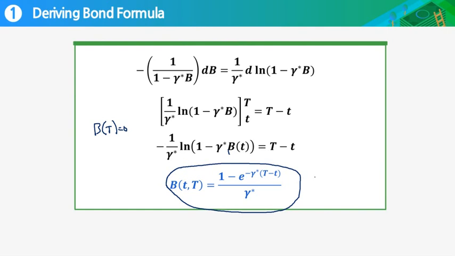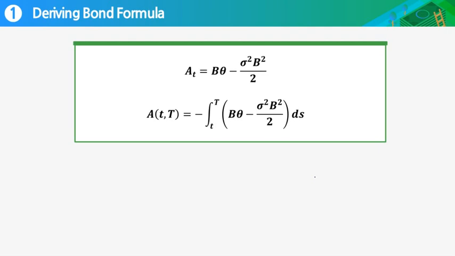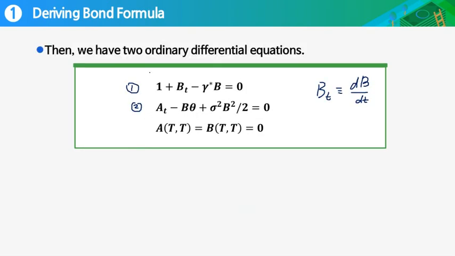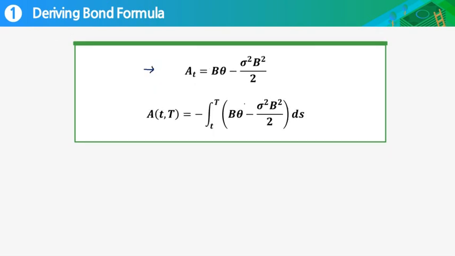Now, because we calculated B, we can plug this B into the equation for A, and we can calculate A, right? So A_t looks like this one. Here, this equation is from this one, right? A_t is minus plus B_t. You can put this on each side, then we have the same. Right, A_t is B theta minus sigma square B square over 2, and we know B, right?